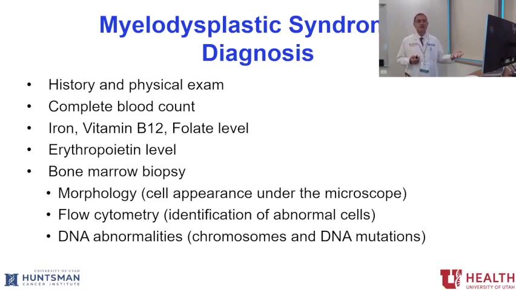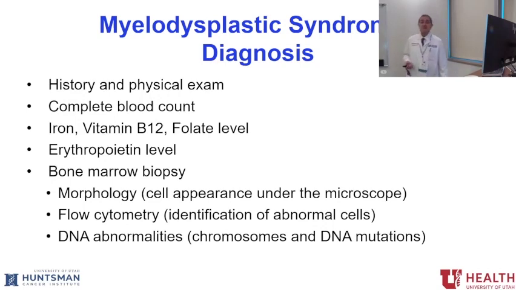We obviously get the blood counts, we look at the blood cells under the microscope, what's called a blood smear, and then we check for any causes that could be easily fixed, that could be bringing down the blood counts, such as iron levels, vitamin deficiencies. And then we measure what's called the erythropoietin level. Erythropoietin is a hormone that is made in the kidneys that helps the bone marrow produce red blood cells. That could be important to identify potential causes of anemia and to also make some recommendations as to how to deal with the MDS.